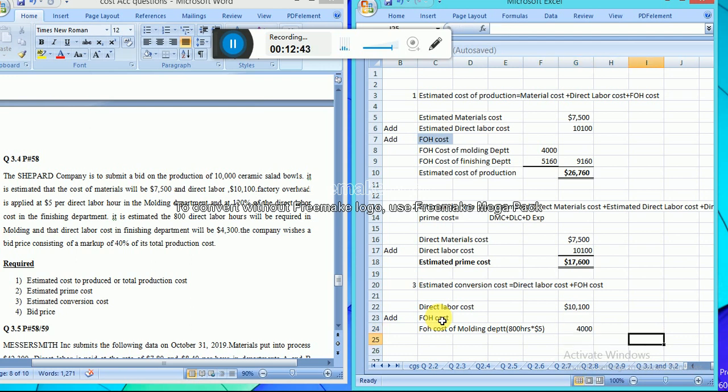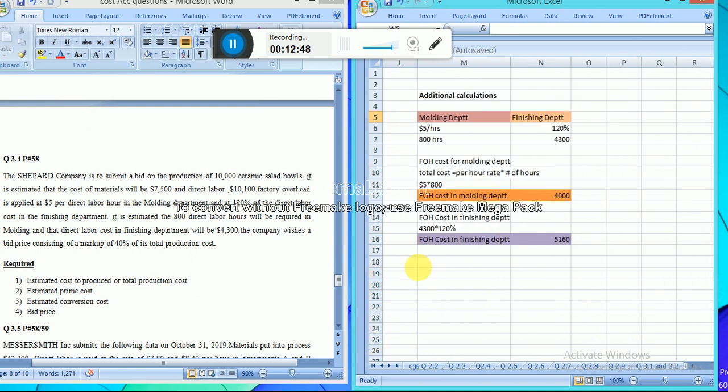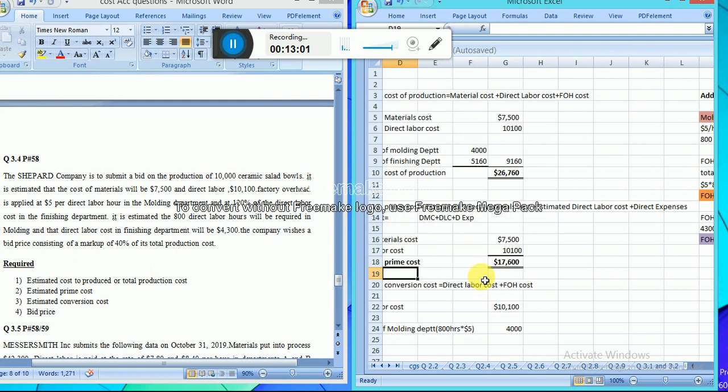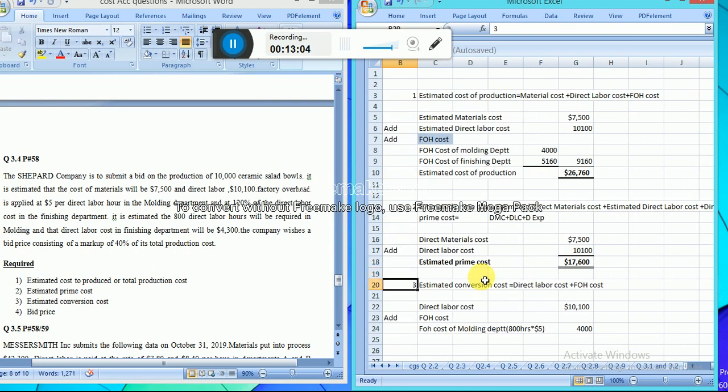As we calculated in the additional calculation, the molding department FOH cost is 4,000 and the finishing department FOH cost is 5,160. We already calculated this one. Okay, now the factory overhead cost in the finishing department.